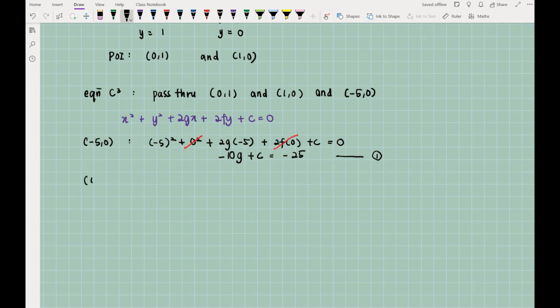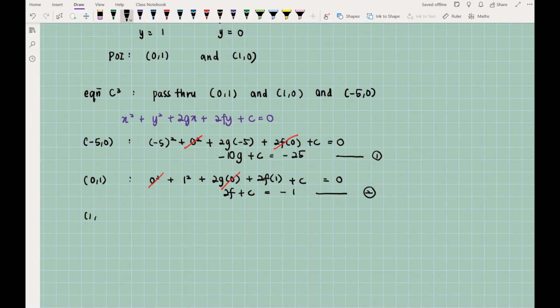Next, substitute point 0, 1. I'm going to have 0 square plus 1 square plus 2g0 plus 2f1 plus c is equal to 0. Okay, so we are going to simplify this. This disappears. This also disappears. So I'm going to have 2f plus c is equal to negative 1. So that is my second equation.